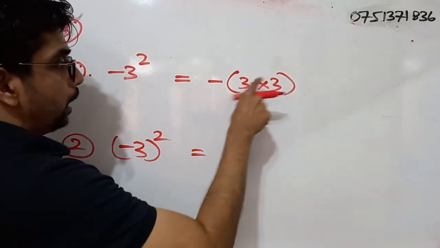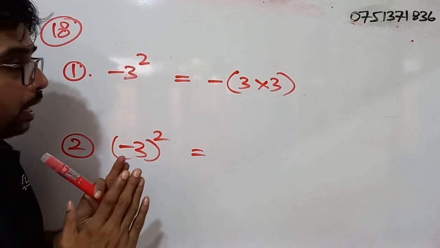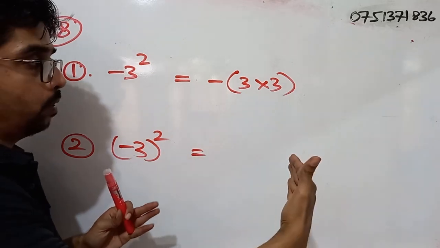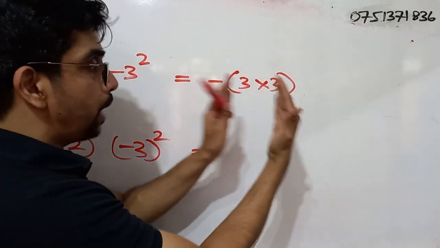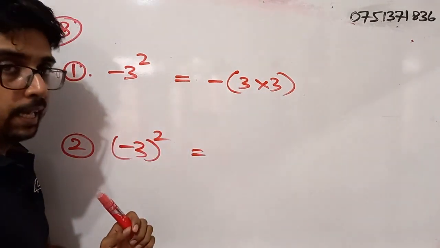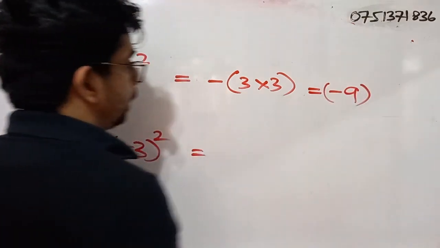So 3 into 3 is 9. Both of these are positive, and positive into positive gives a positive outcome. But that positive 9 has to be multiplied again by negative. So the outcome will be negative. So the answer is negative 9.